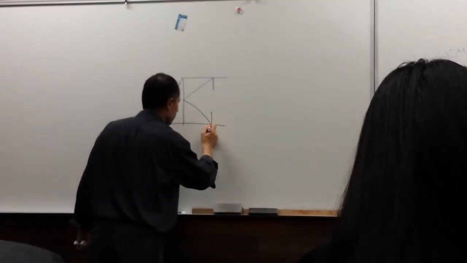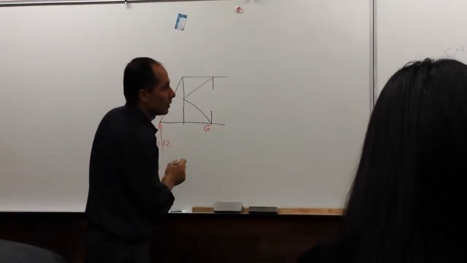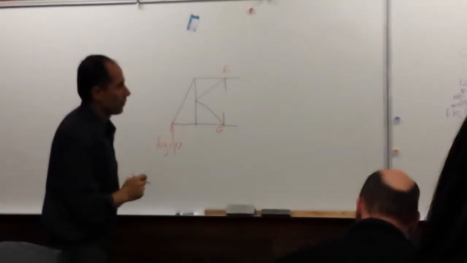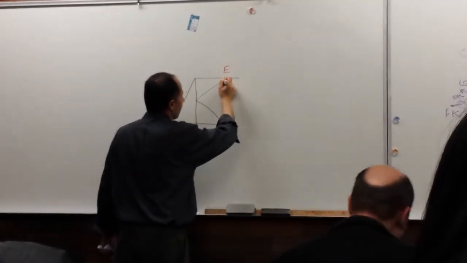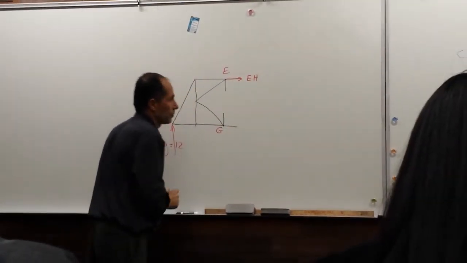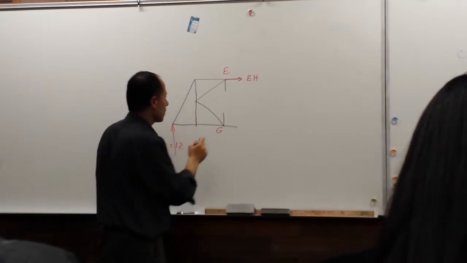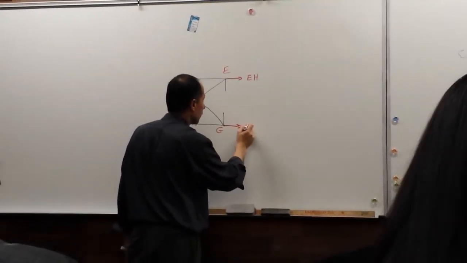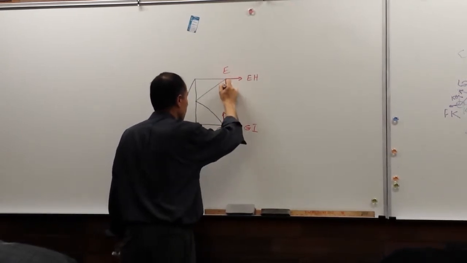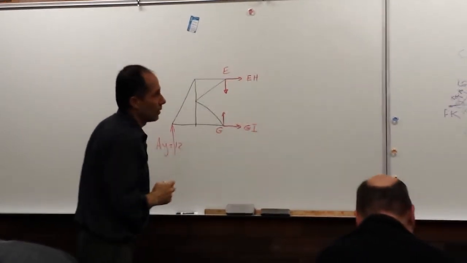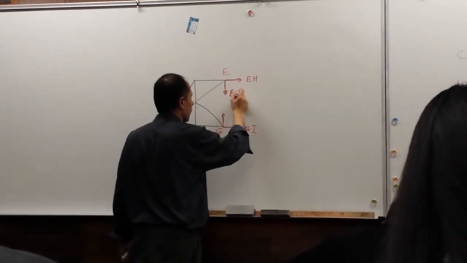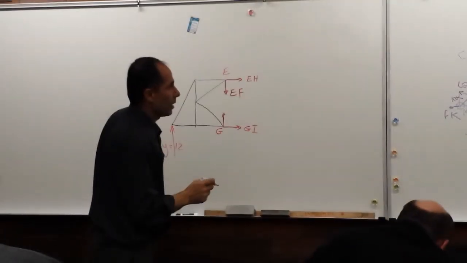This is G. This is E. This one here, H. This one here, GI. E, F, G, F.